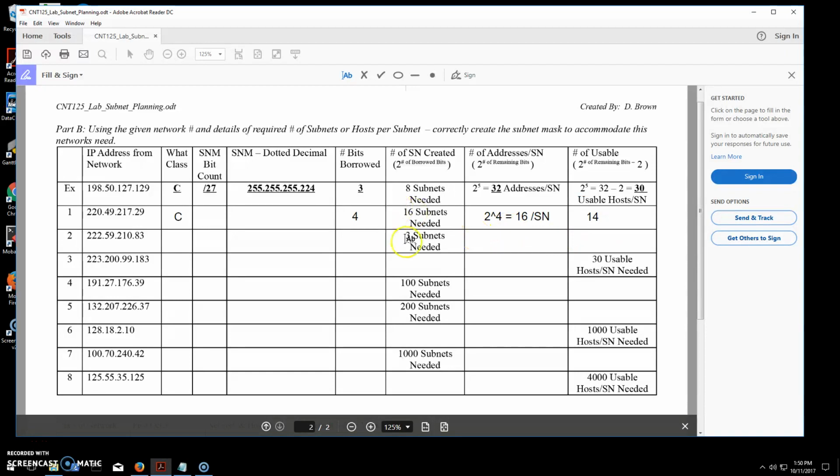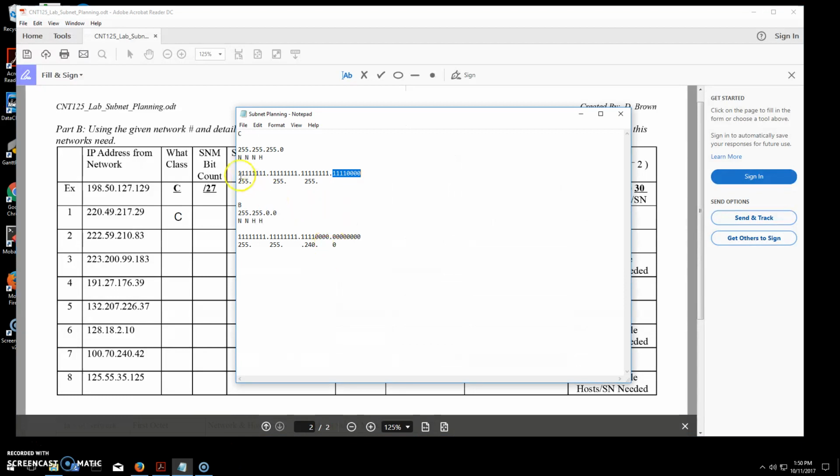So to accommodate what their need is, they need 16 subnets for some reason. If we borrow 4 bits, that'll give us those subnets, and it'll give us 14 addresses per subnet. Well, to do that, I now need to alter my subnet mask to reflect that, so my routers and switches know what I'm doing. Well, I just did it right here. This was the borrowing 4 bits, so I'm going to end up with .240 and a bit count of 8, 8, 8, 24, 25, 26, 27, 28.